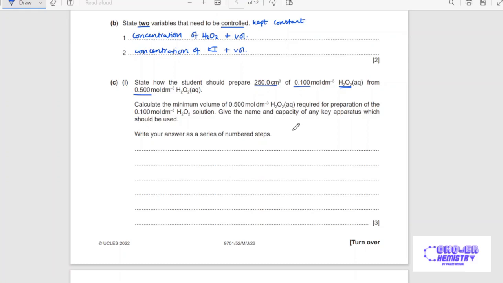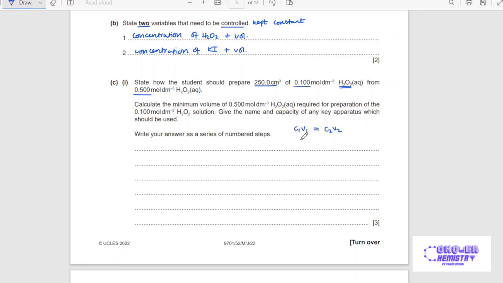Whether you have a concentrated or dilute solution, the moles of the hydrogen peroxide in both are going to be the same. We can find the moles using concentration multiplied by volume. So we will use the formula C1V1 equals C2V2, ensuring that moles of H2O2 do not change.